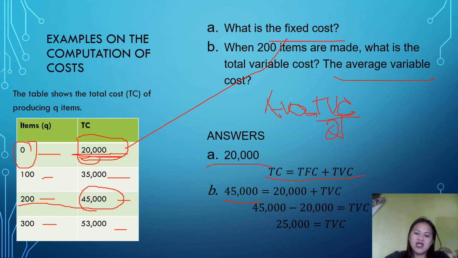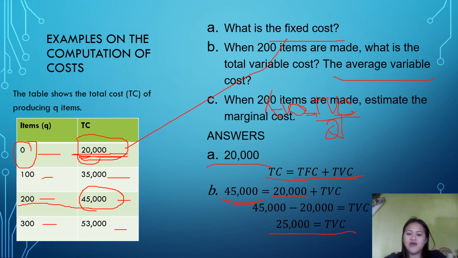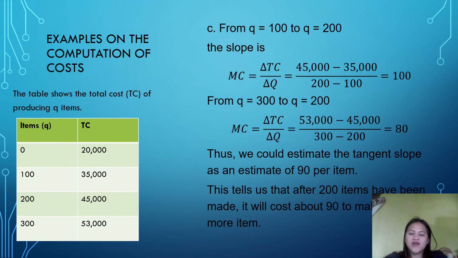Total cost is already 45,000. Total fixed cost, that is already on the table, which is the 20,000. And you are looking for the value of the total variable cost. Transpose to the other side, and now you have your total variable cost. Now, it's easy already to derive your average variable cost. Why? Because average variable cost now could just be derived by total variable cost divided by your output.